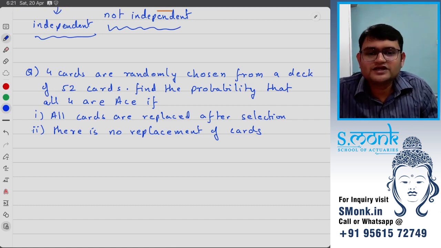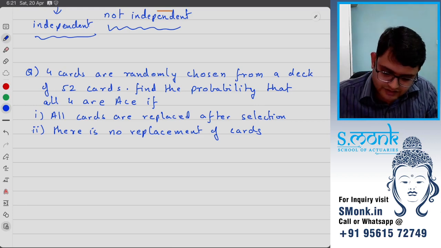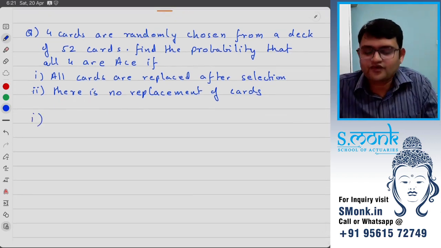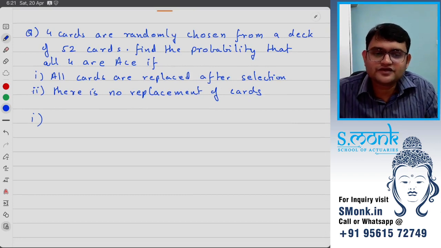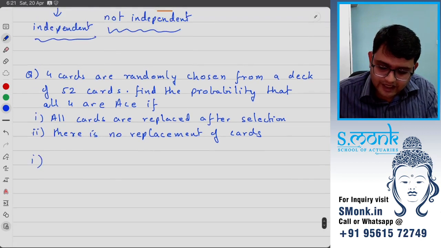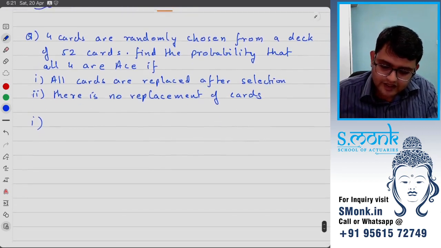So they're saying 4 cards are randomly chosen from a deck of 52 cards. Find the probability that all 4 are ace. Ace means A, right? First is if all cards are replaced after selection. That means we have replacement. If we have replacement, then they are independent. We said if we have replacement, then they are independent.